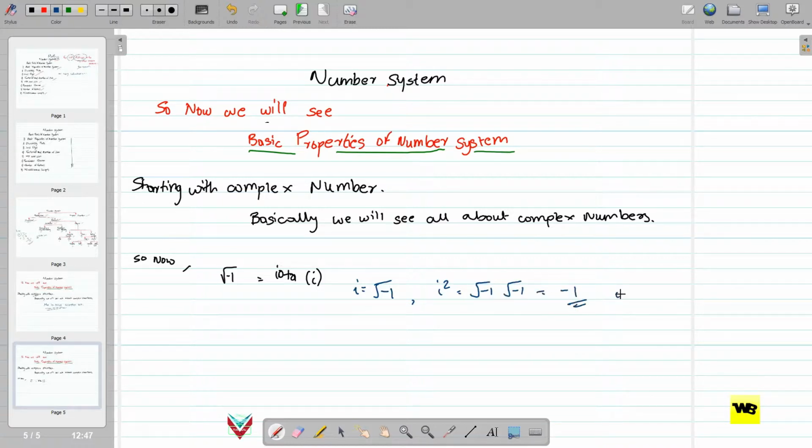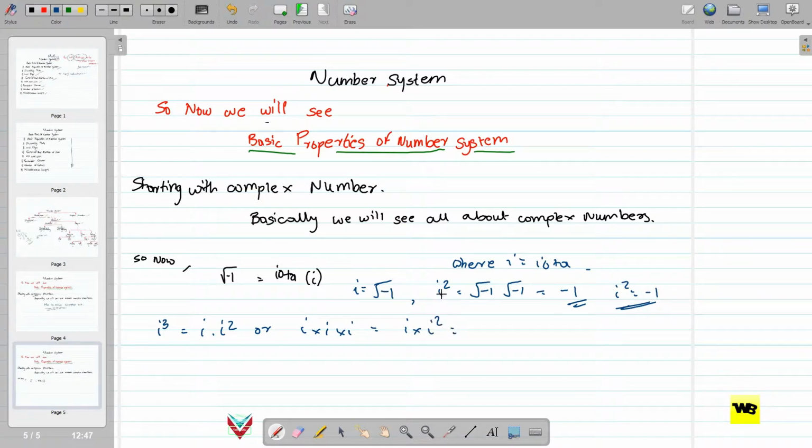As we all know, i square equals -1, where i is iota. Now let's see what i cube will be. i cube equals i into i square, or i into i into i.